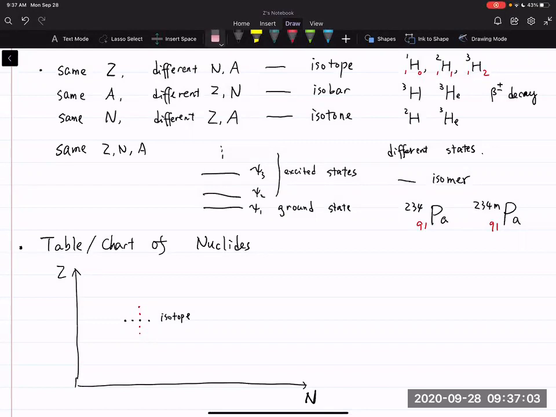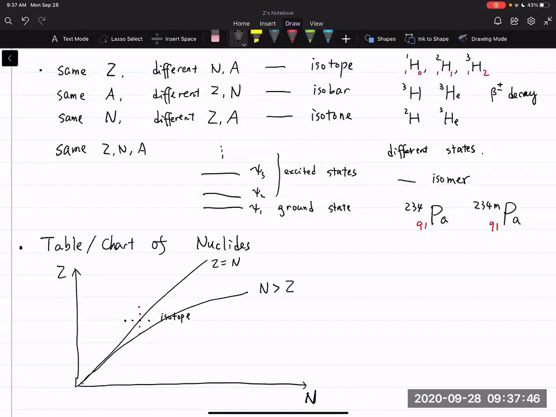Draw it here. So if this is Z, equal to N, I'll draw a diagonal line. So this is Z equal to N. And most of the nuclei are close to Z equal to N. But as we look at the heavier and heavier nuclei, the distribution is going to bend down a little bit, because many nuclei have slightly more neutrons than protons.